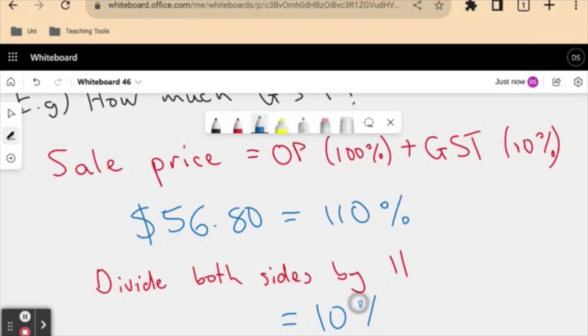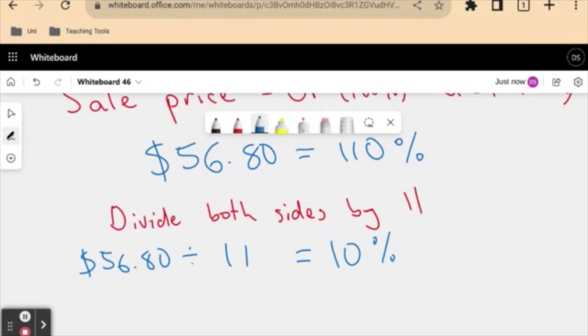So 10% equals $56.80 divided by 11. Now, when I do this, I will get approximately that 10% makes up $5.16.